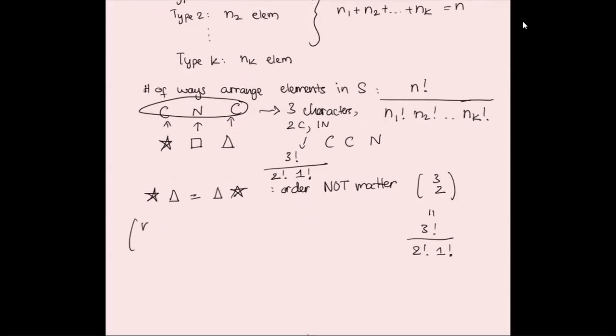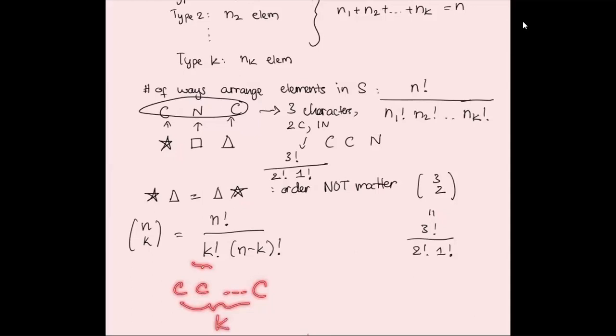In general, you have n choose k is equal to n factorial divided by k factorial times n minus k factorial, because you have chosen k times, and then you have not chosen n minus k times.